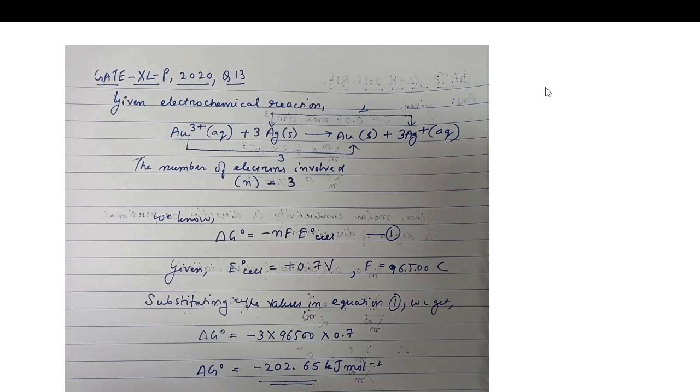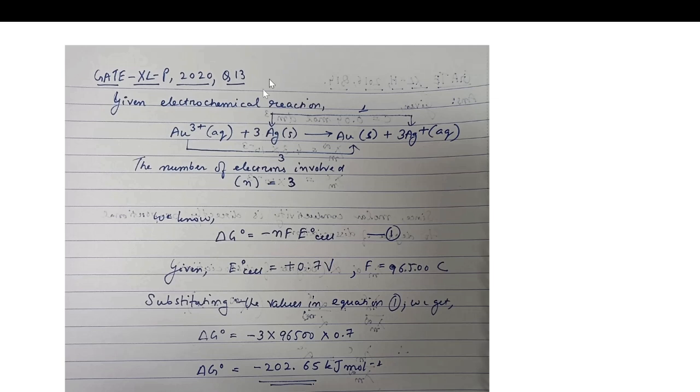So two kinds of redox reactions are occurring at two electrodes, and the difference between the potentials of these two electrodes is given by the electrochemical potential, or if it is in standard condition, it is stated as E naught cell.